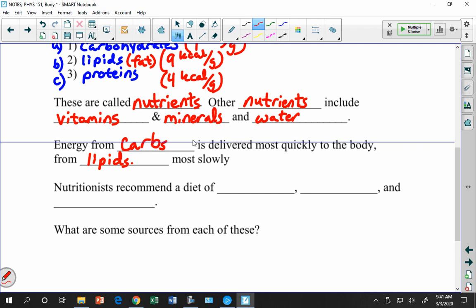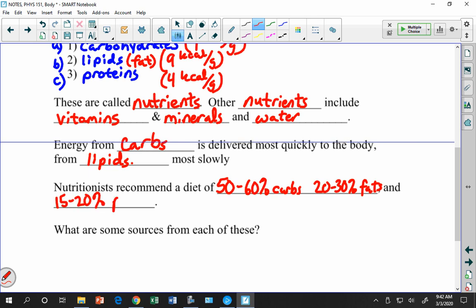Nutritionists recommend a diet. I don't know if this is still legitimate. I think diets probably go from fad to fad, but nutritionists tend to recommend a diet that's 50 to 60% carbs, 20 to 30% fats, and 15 to 20% protein.